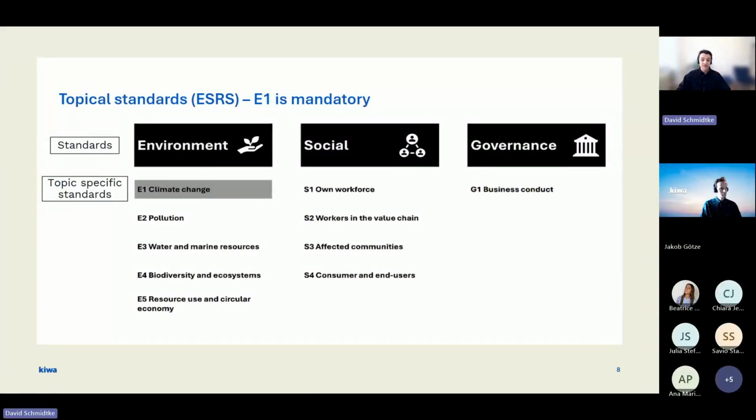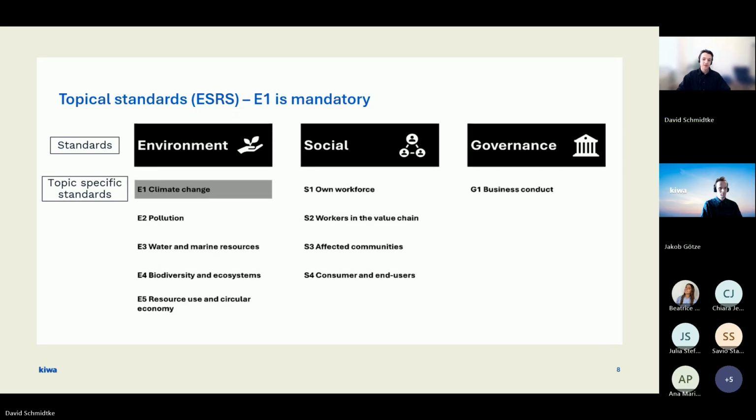And then we have the CSRD, which is, no, sorry. So we have the ESRS, which is the European Sustainability Reporting Standard. And this basically regulates how the CCF that is based in the CSRD has to be created.